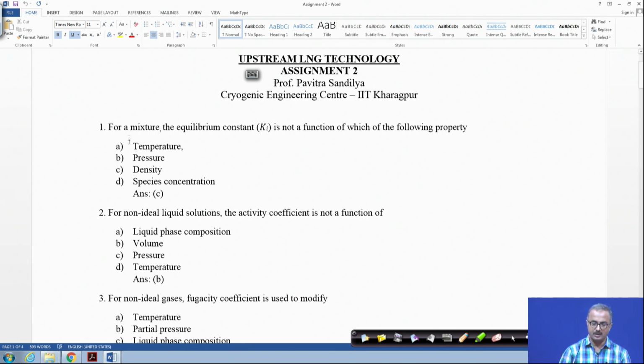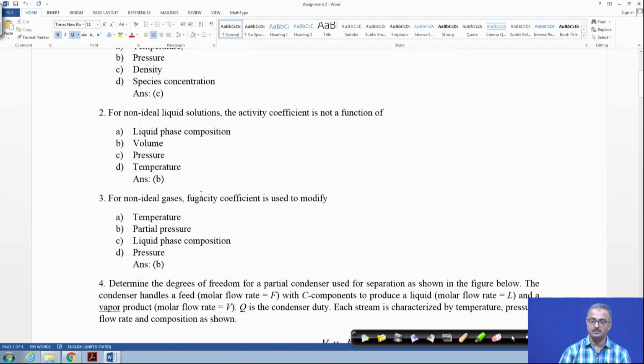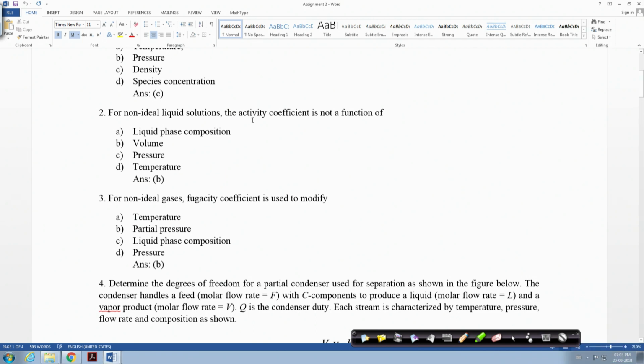Then we have this for non-ideal solutions: how do you assess the vapor liquid equilibrium process? Here the activity coefficient is used, and this activity coefficient is generally a function of the temperature, the pressure and the composition of the liquid, but it is not a function of the volume.